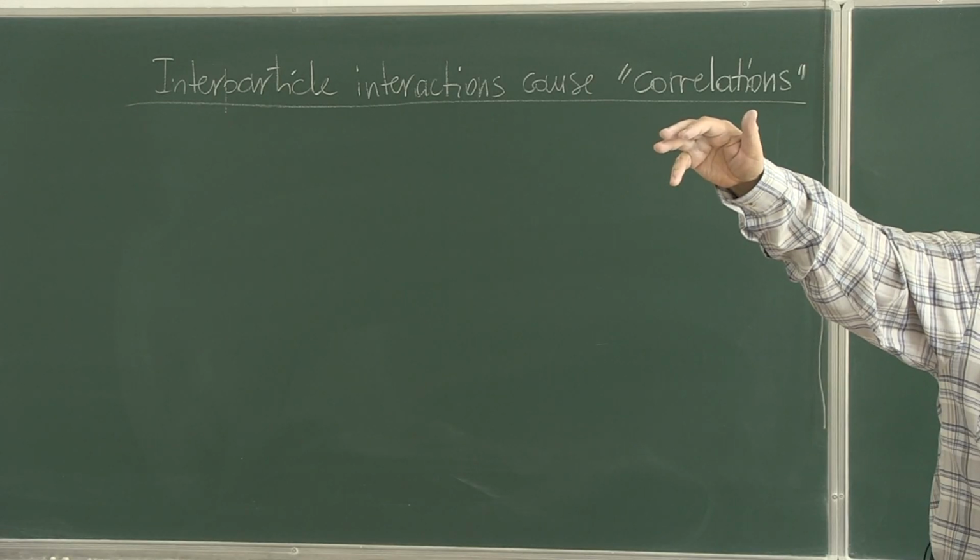But if you go into a liquid, sit on an atom, imagine that you are looking around and trying to see where the other particles are. Well, first neighbors can feel the presence of this, and they are correlated. Second neighbors may be correlated, but you lose it as you go away from this particle, isn't it?